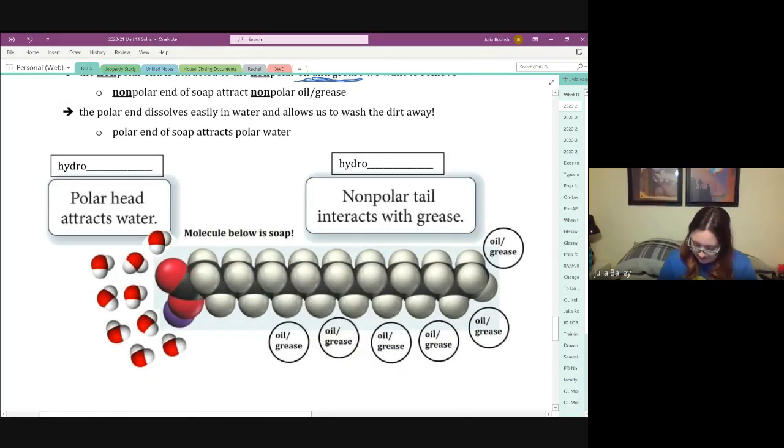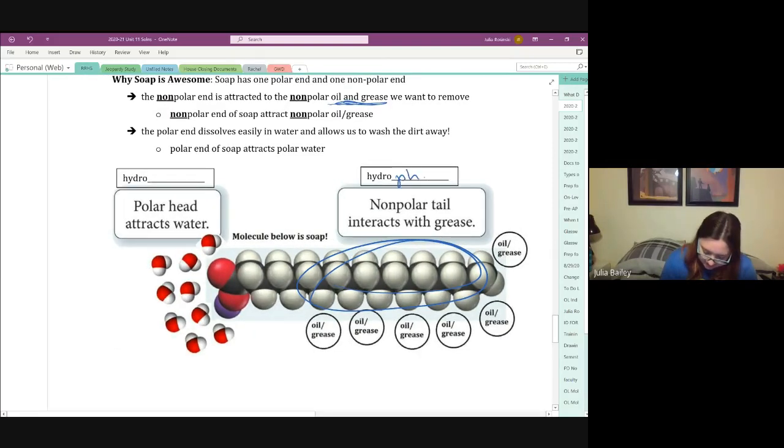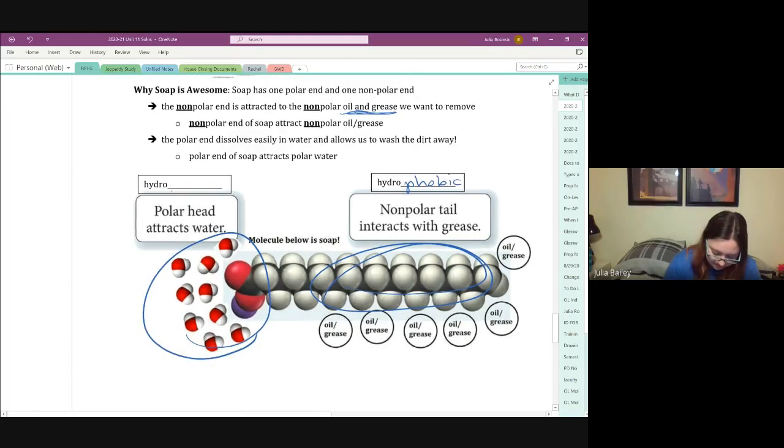There's this non-polar tail on soap molecules that is hydrophobic, and that will interact with all your greases and oils and dirts that you're trying to get up that are also non-polar. But the polar end dissolves easily in water, so the soap will pick up all the oil and grease first, and then the water will dissolve with the other side of the soap molecule, this polar head it's got that is hydrophilic.